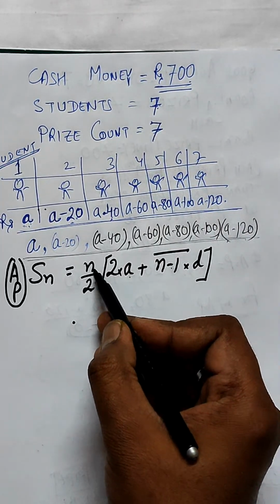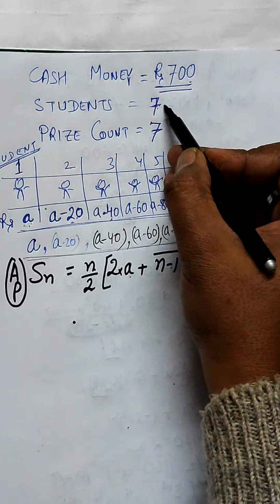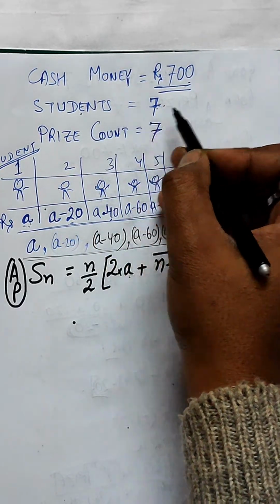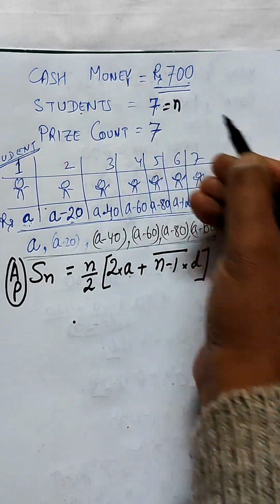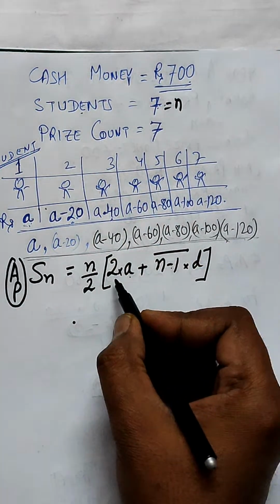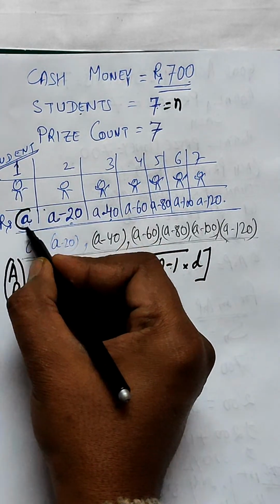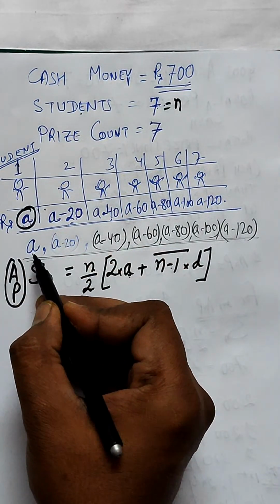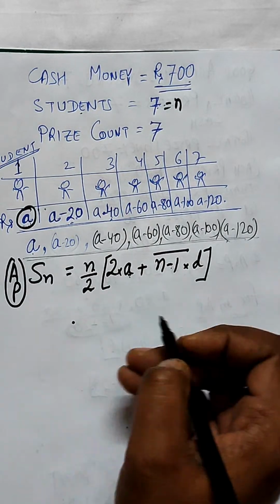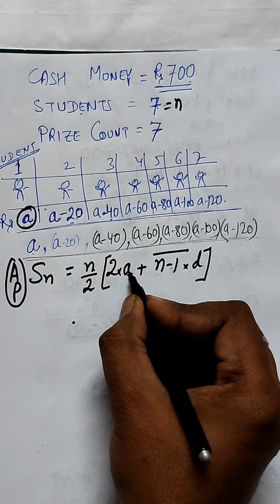What is n? n is the number of terms. So here the number of students is 7. So you can say this is n. Now what is A? A is the prize money which the first student is getting. That is the first term of the AP.